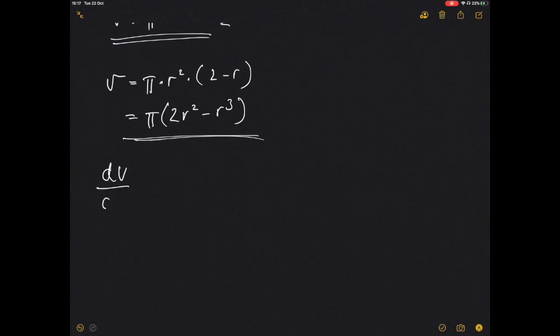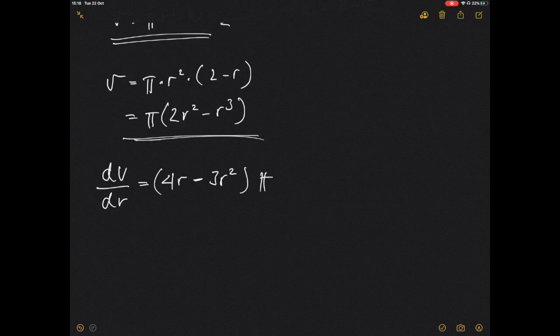dv by dr equals, so it might be better if we have it in this term where we have a pi. So we'd say that's pi r squared, this is multiplied by it, so it does stay. So we'd have 4r, I'm going to stick our pi on the outside, minus our 3r squared, and this would be our first differential.